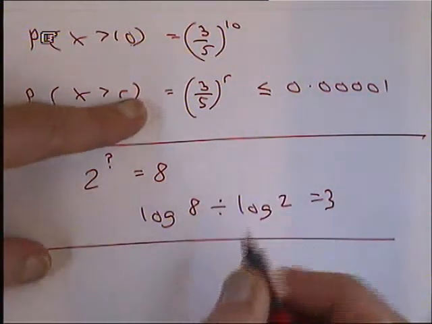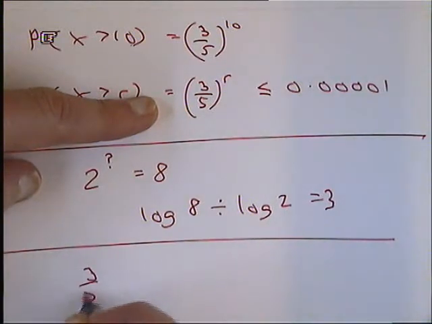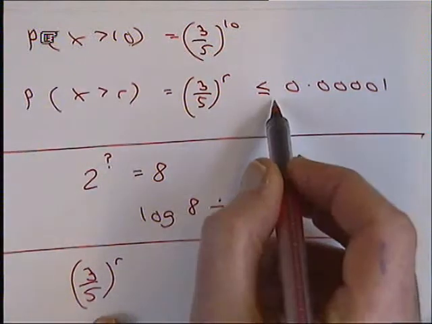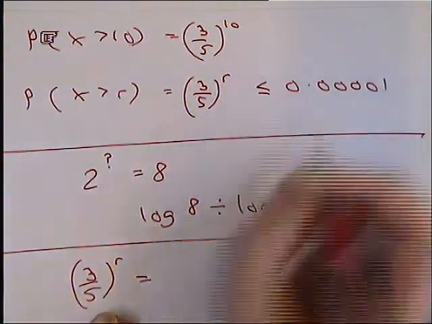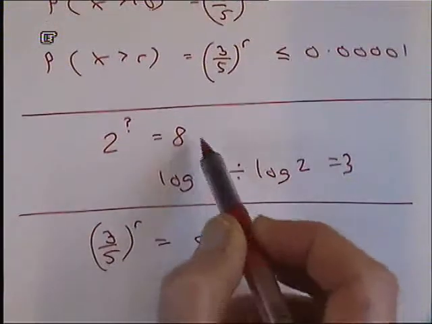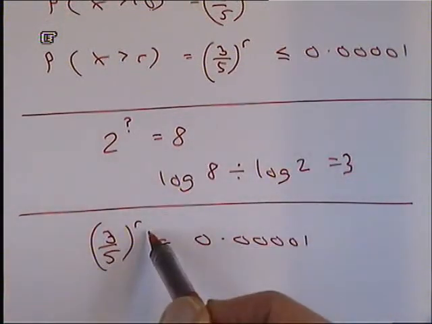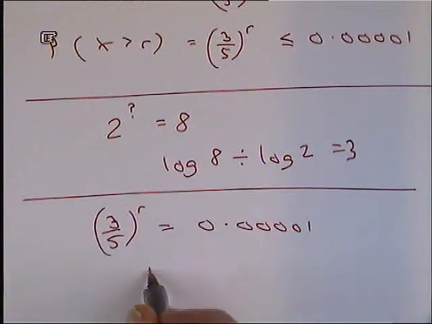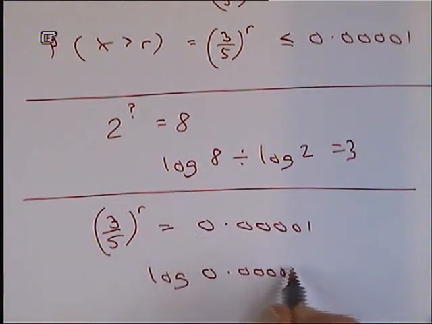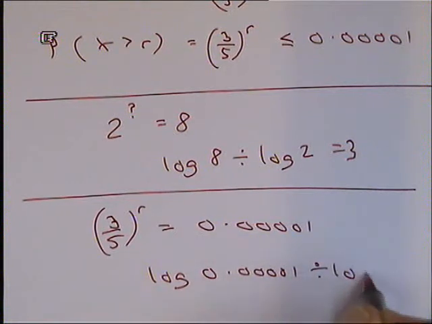But the question I had up here was 3/5 to some unknown power. Now I'm going to change this to an equal sign to start with. There's that number there. And I'm going to use this little trick to find out what R must be. I did log of the number that's on its own divided by log of the number over here.